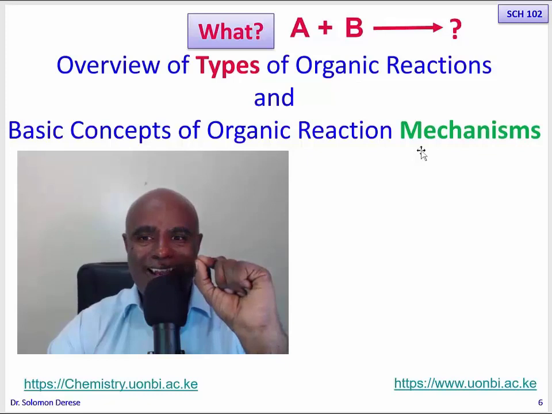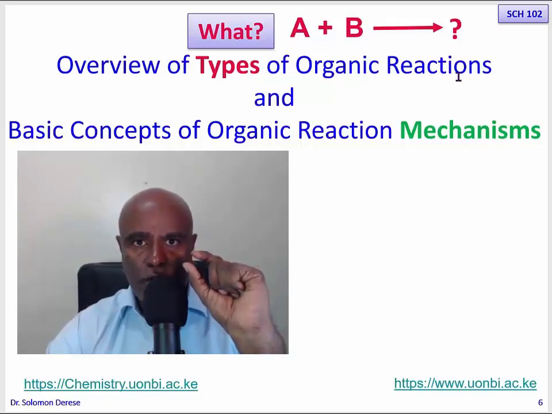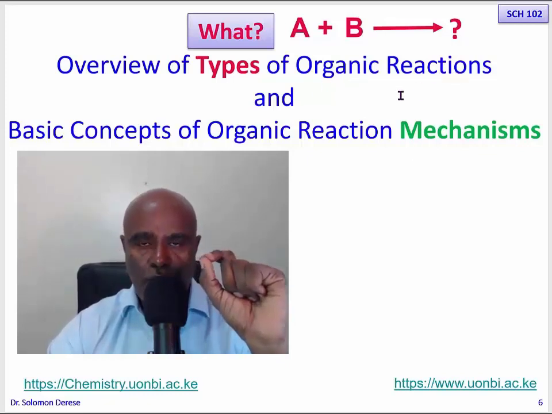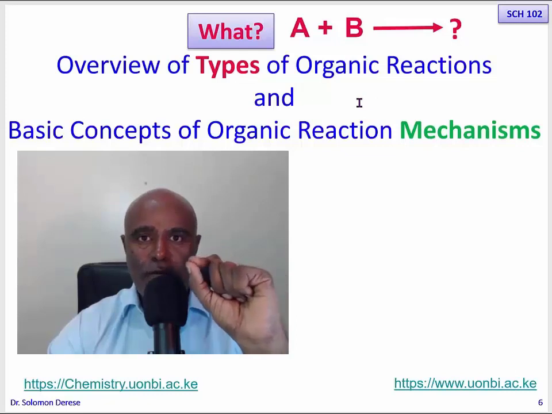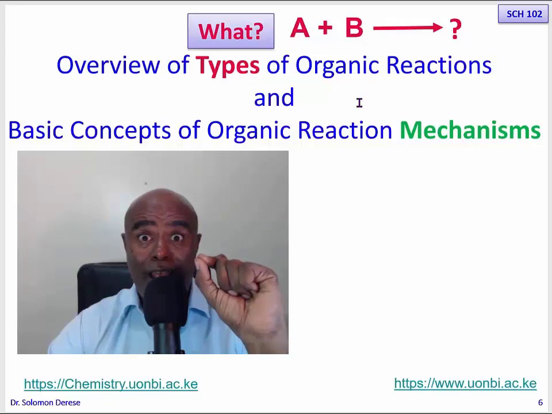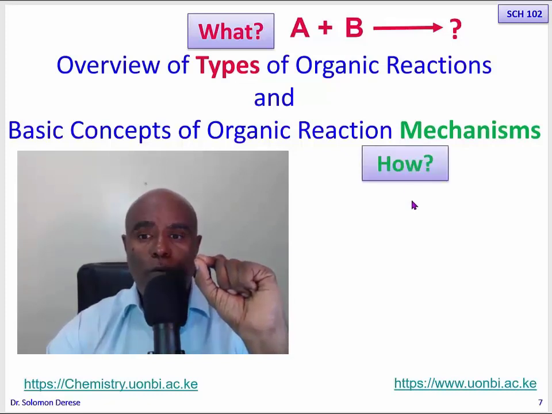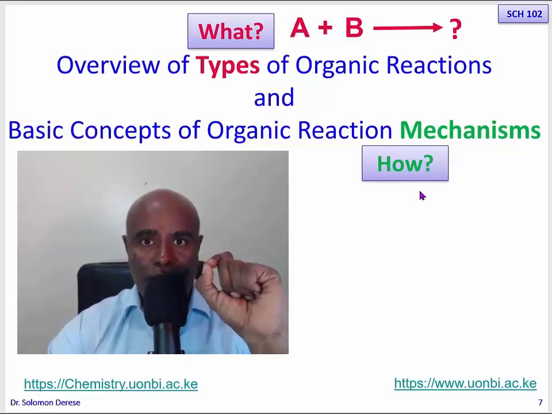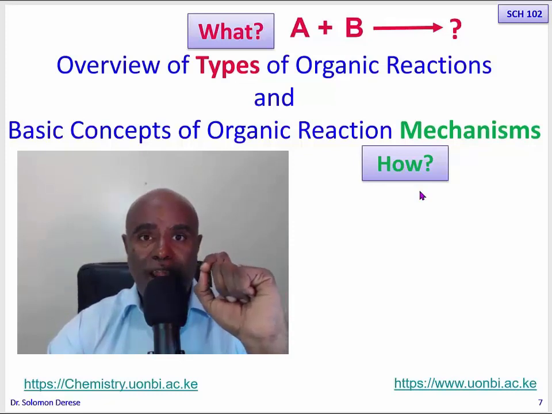To understand organic reactions, it's not good enough to know what are the products of the reactions of compounds A and B. We have to also know how compound A and B react to give a particular product. We have to know the different steps compound A and B go through as they form product.